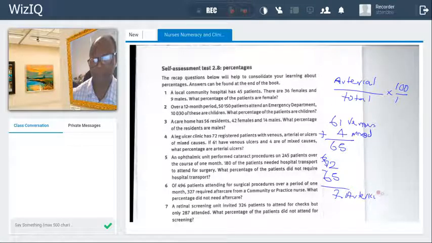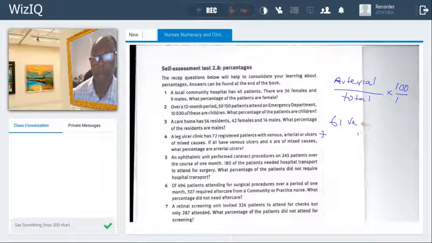Then we'll go back and substitute into this formula. So arterial is 7.